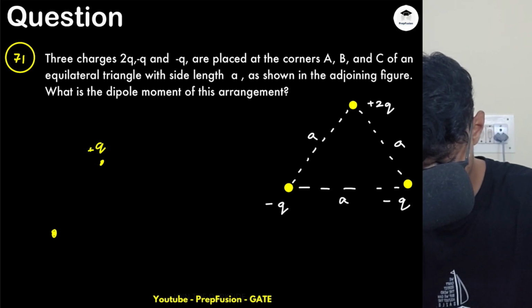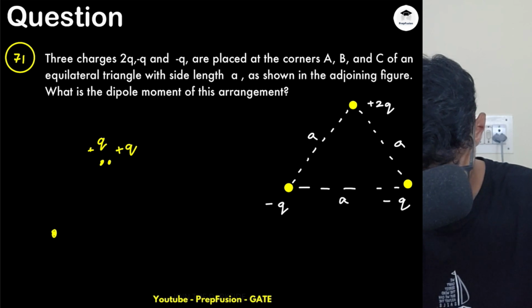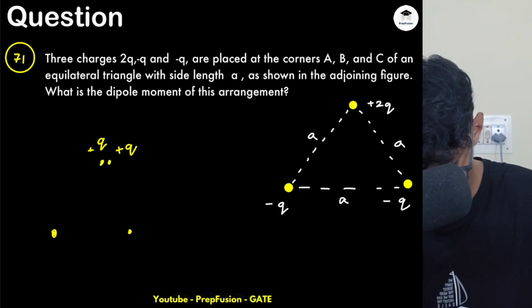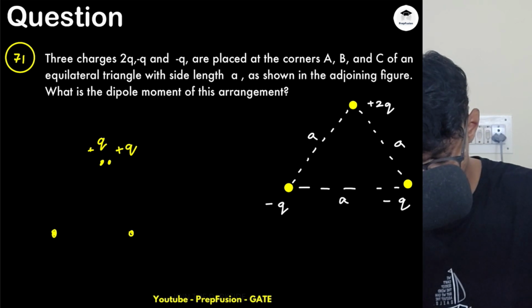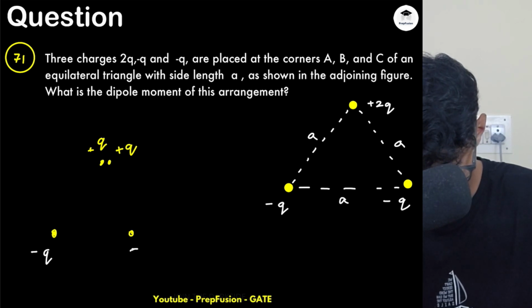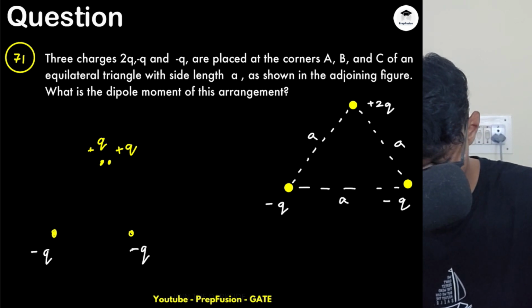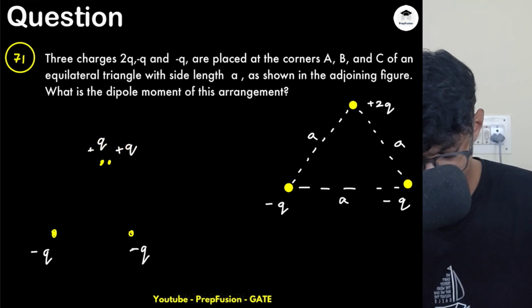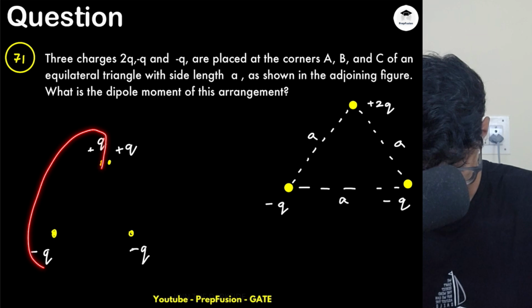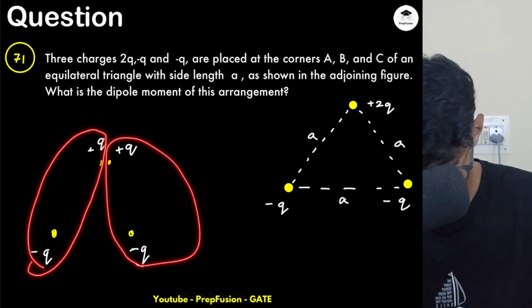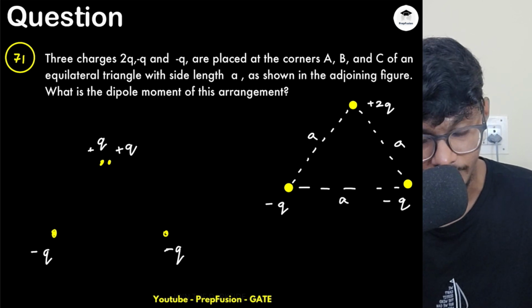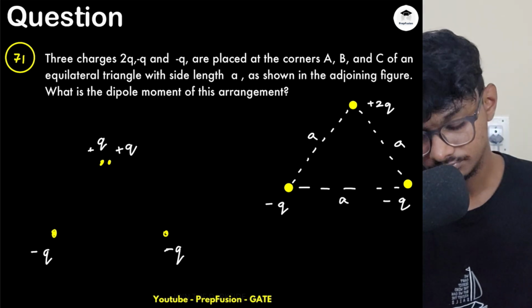This is one plus q and this is another plus q, so this will be minus q and plus q, right? So I can find the dipole moment due to this, find the dipole moment due to this, and add these two up, and that will be my overall dipole moment. Is this correct? No.